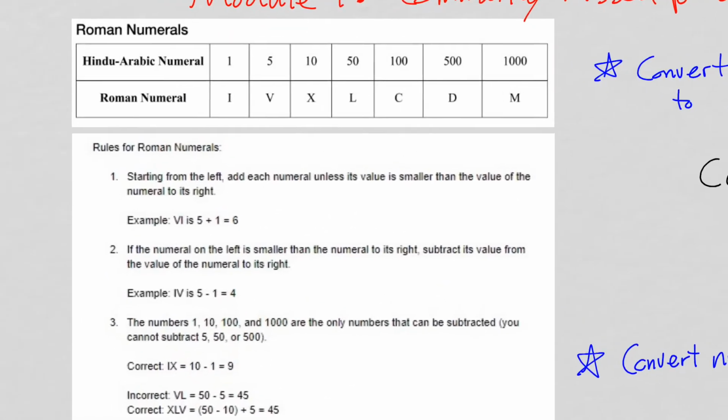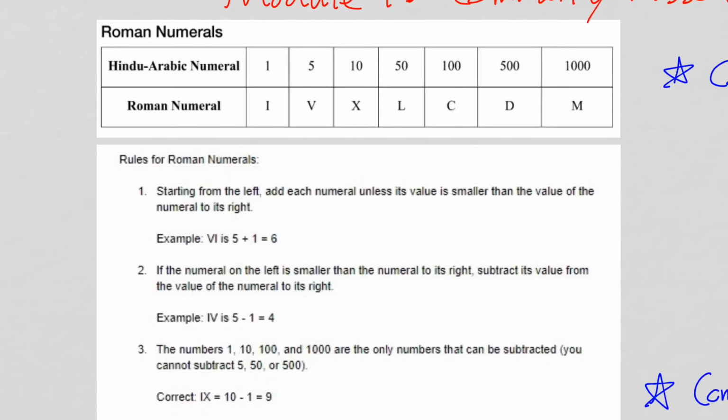So if we look at the Roman numerals themselves, we have a system that does not have a numeral or symbol for every number. All they have is symbols for 1, 5, 10, 50, 100, 500, and 1,000.